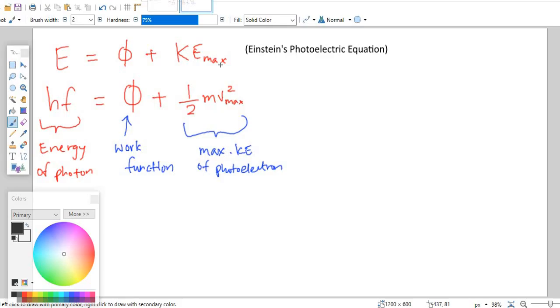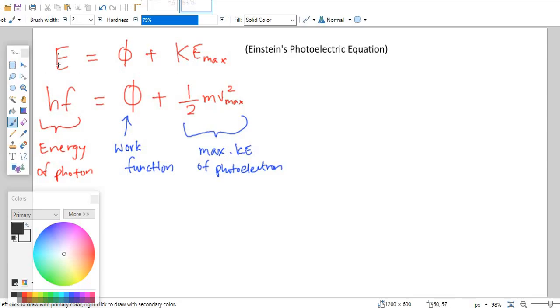So at the moment it is released from the metal surface, the photoelectron, because it's emitted due to the light falling on the metal surface, due to the electromagnetic waves falling on the metal surface, that's why it's called a photoelectron. What happens is, when it leaves the metal surface, it will have the maximum kinetic energy, but when it travels, it will slow down. That's why we call it the maximum kinetic energy of that particular photoelectron.